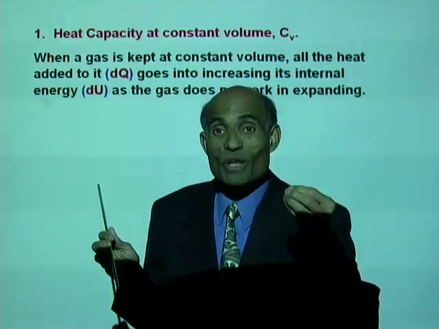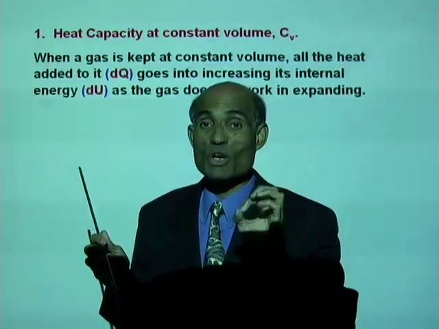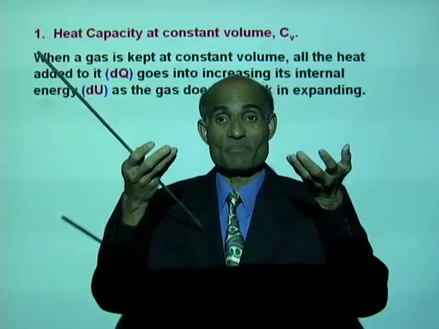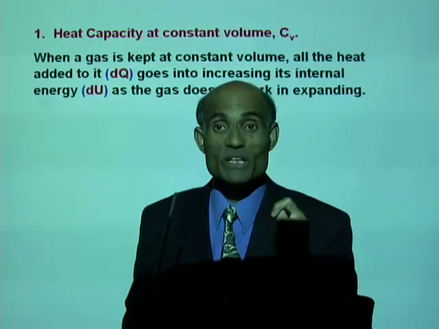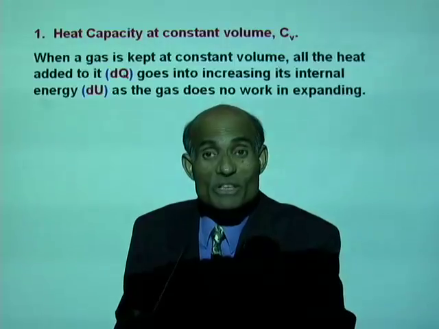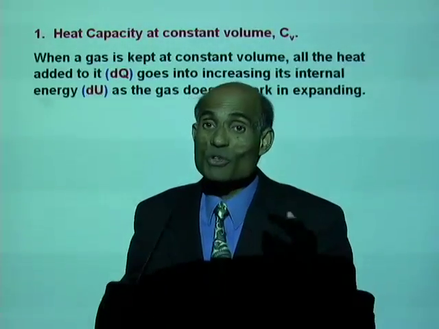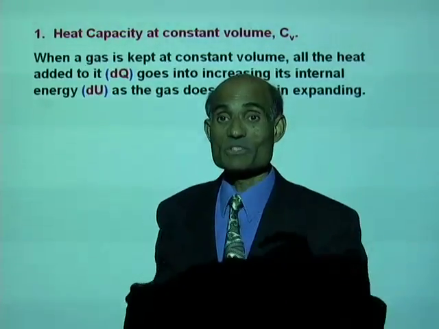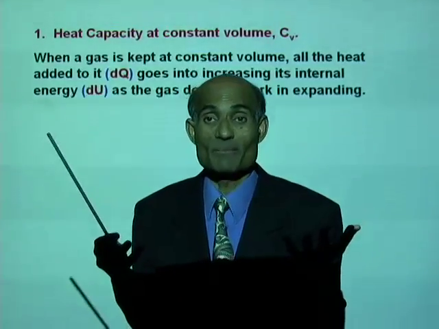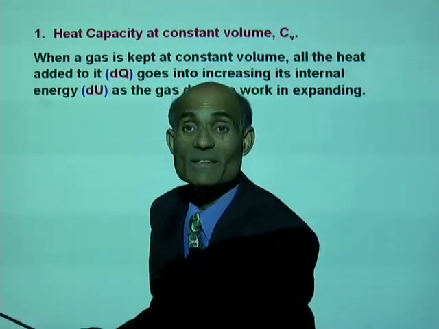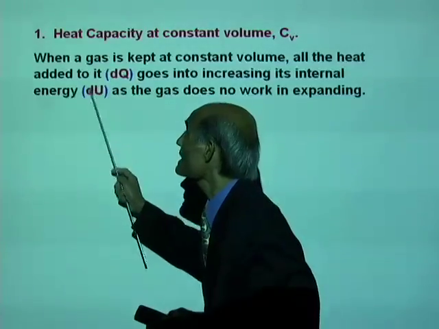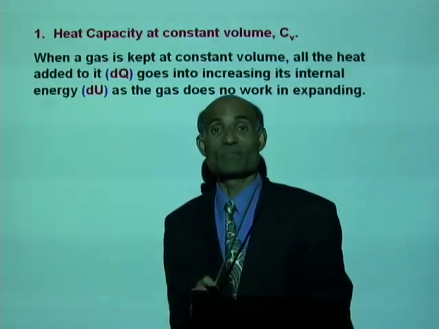That means all the amount of heat you supply at constant volume will be used in raising the internal energy. If you remember, the amount of heat you supply to a gas will be used in increasing the internal energy and also doing work. Since when the gas is at constant volume, there is no work done, therefore all the heat that you supply to the gas at constant volume goes into increasing the internal energy.